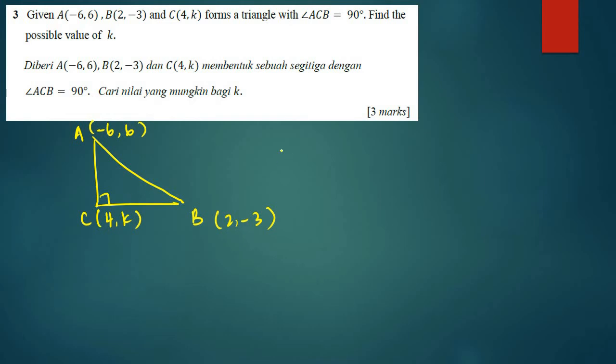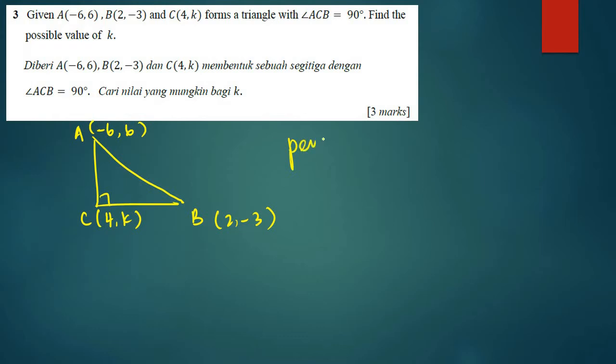So we know that this is perpendicular. When perpendicular, we need to use the formula M1 times M2 equals negative 1.